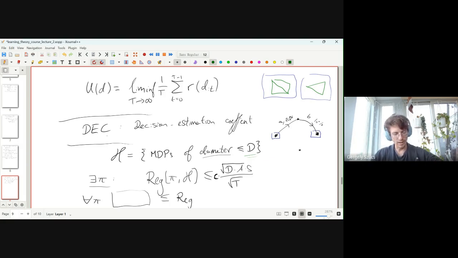The decision estimation coefficient, as far as I understand, is a more general notion, analogous to the diameter for MDPs. It's something you would put in a regret bound that measures the difficulty of a hypothesis class, and it's defined for basically any class of hypotheses. So it's a universal measure of the hardness of a hypothesis class. Maybe that gives a rough idea of how that fits into this picture.